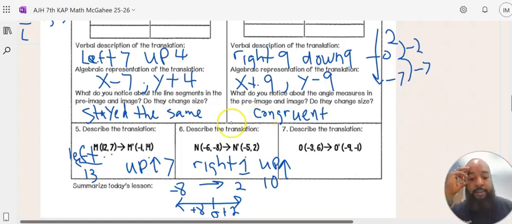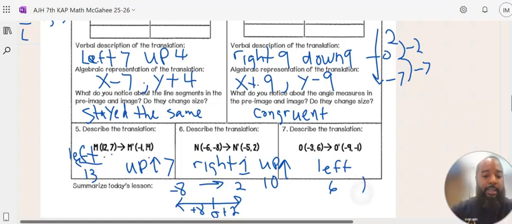So on number 7, this translation says we went from -3 to -9. That's a decrease, right? We decreased by 6, so that is left 6. Okay, and then on the y side, we went from 6 to -1. That is also a decrease. We decreased by 6 to get to 0 and one more, so that's down 7.